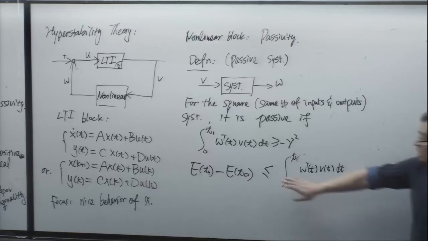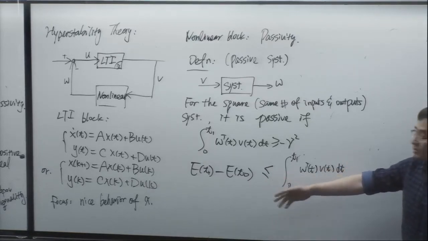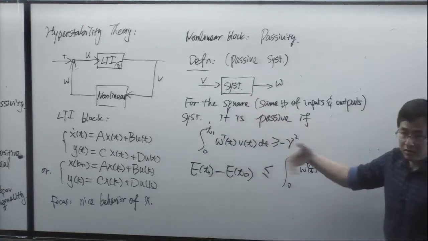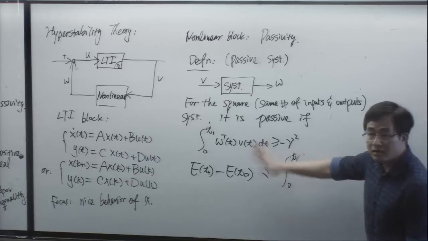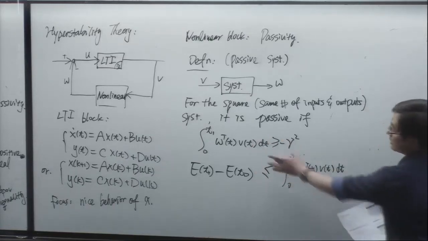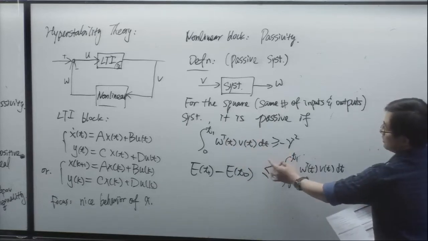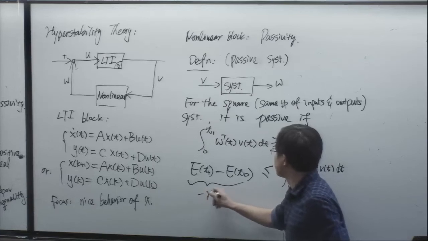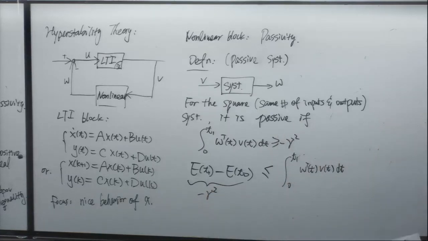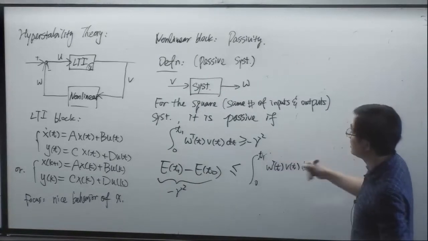All right? It cannot be larger than that. If it's larger than that, that means the system somehow generated energy itself. So that's the concept. If you flip the signs, you can compare the two equations. All right? This is the negative gamma square. So that's the intuition.